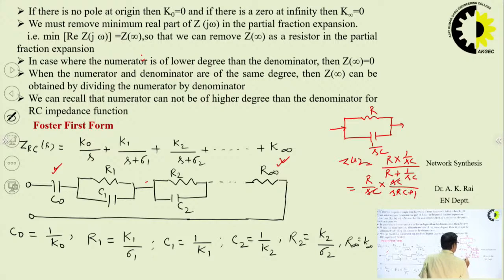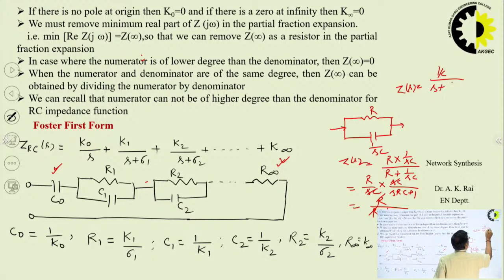So this cancels out, then we have R divided by RC, so it will be S plus 1 by RC. So R and R cancel out. So we can see that this Zs is 1 by C over S plus 1 by RC.